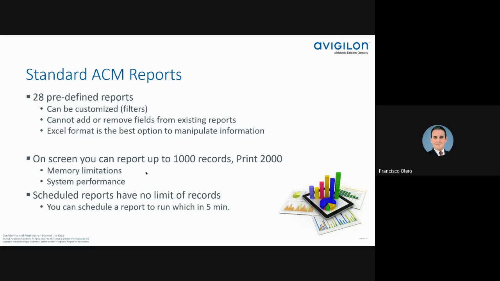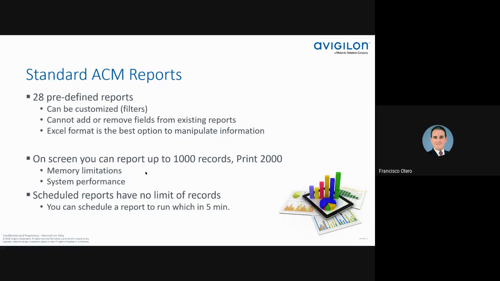We're going to jump into the software in just a little bit. We cannot add or remove any fields. That's why I say you cannot customize it, because you just cannot modify how the report looks and the fields that are in there. They're pretty static when it comes to that. And they can be printed in two formats, Excel and PDF. Excel to me is the best one, so it allows me to manipulate the data.